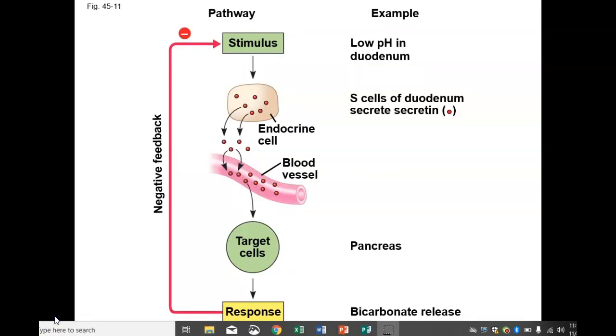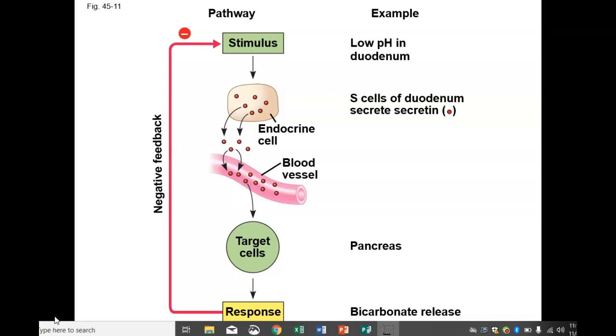The duodenum is the upper part of your small intestines that leads straight into your stomach. Underneath the duodenum is the pancreas. So if you have a low pH in your duodenum, the S cells of the duodenum secrete a molecule called secretin. And this travels to the pancreas, where it hits onto target cells.